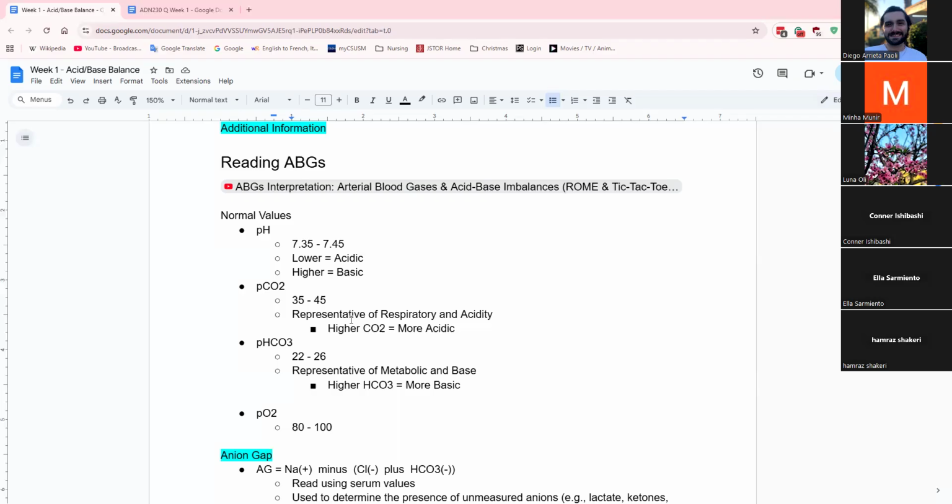The next one is going to be your bicarbonate. That's your HCO3. This is going to be between 22 to 26, although these numbers are going to vary between hospitals and all that kind of stuff. Your bicarbonate is a buffer. Your body uses that as a buffer to essentially help with your acid imbalance.